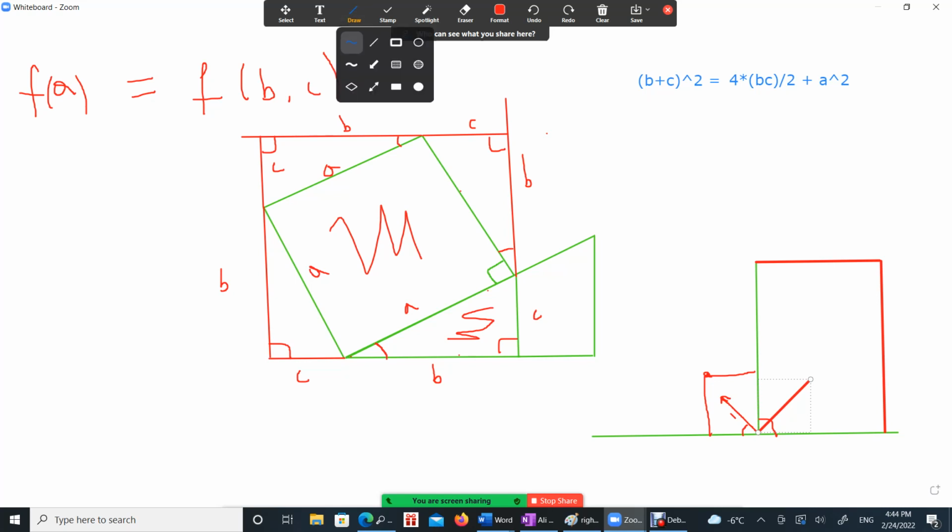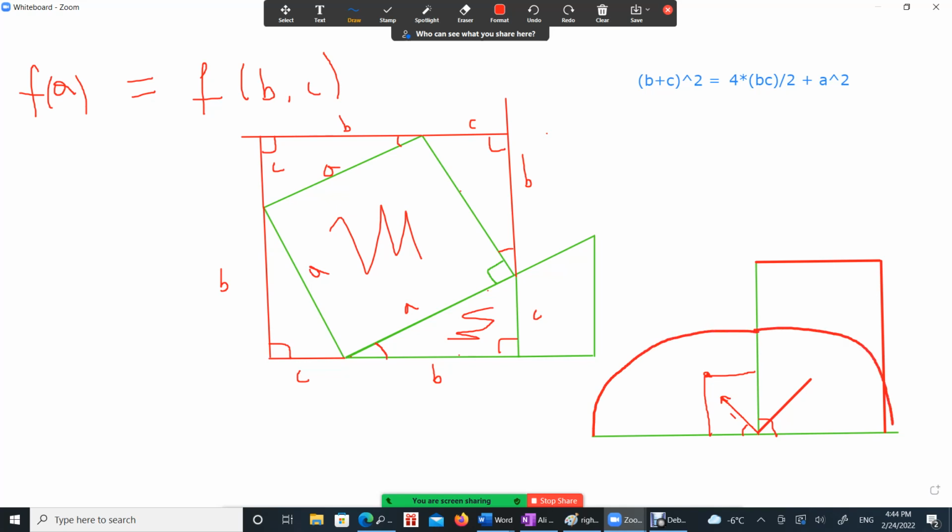So this way, halfway would form a right angle, considering this orientation.